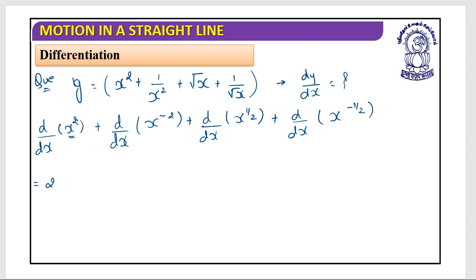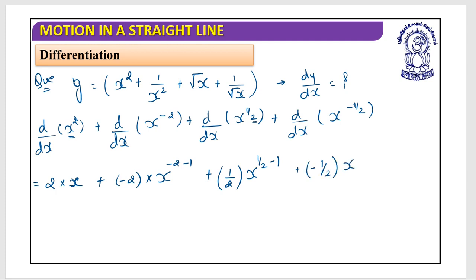Now you know by mental calculation as well. It's 2 into x to the power 2 minus 1, it's 2x, plus minus 2 into x to the power minus 2 minus 1, plus this is x to the power half, so this turns to half into x to the power half minus 1, plus this is minus 1 by 2, so this is minus 1 by 2 into x to the power minus 1 by 2 minus 1.